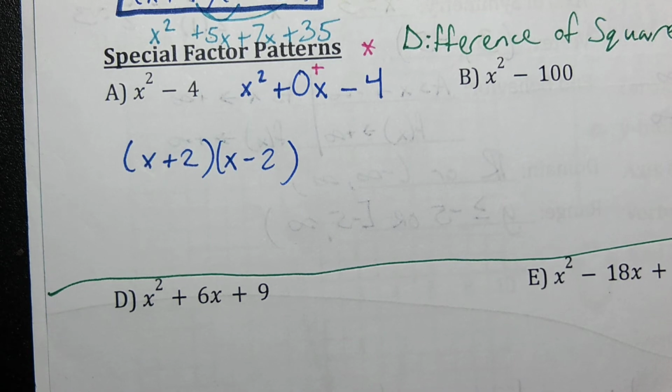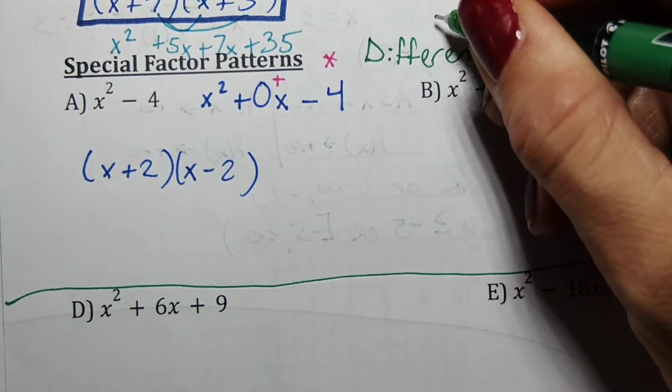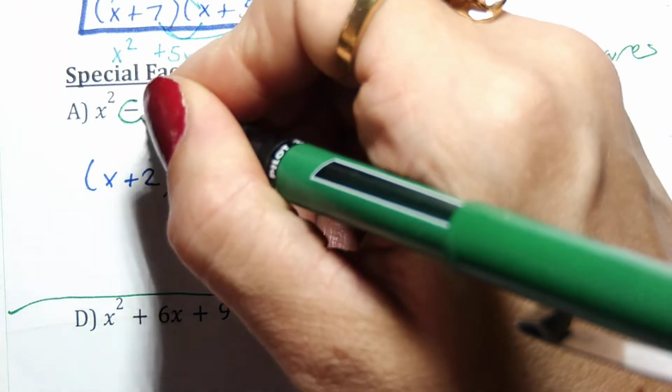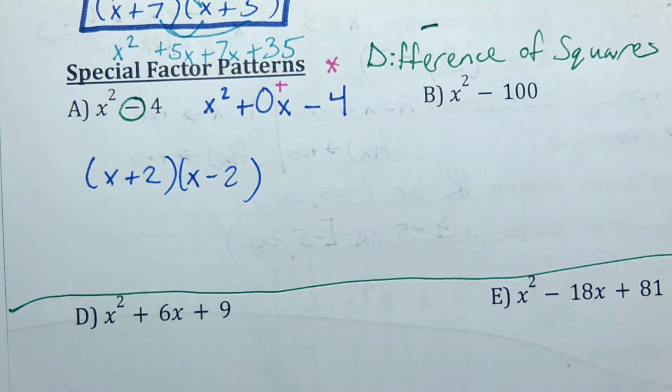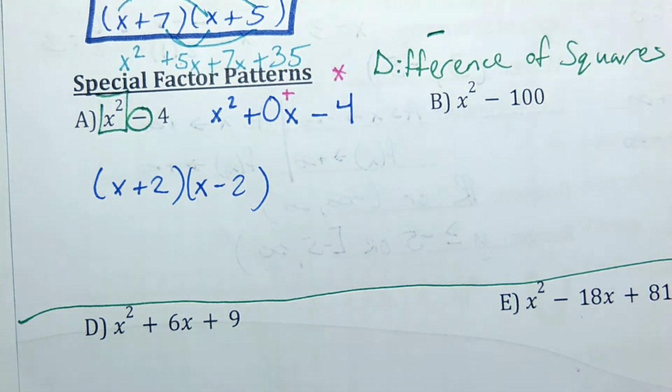So how we identify difference of squares: first, difference means subtraction, so a minus sign. Do we have a difference? We do. Then we want to ask, are we taking the difference of 2 perfect squares? Is x squared a perfect square?